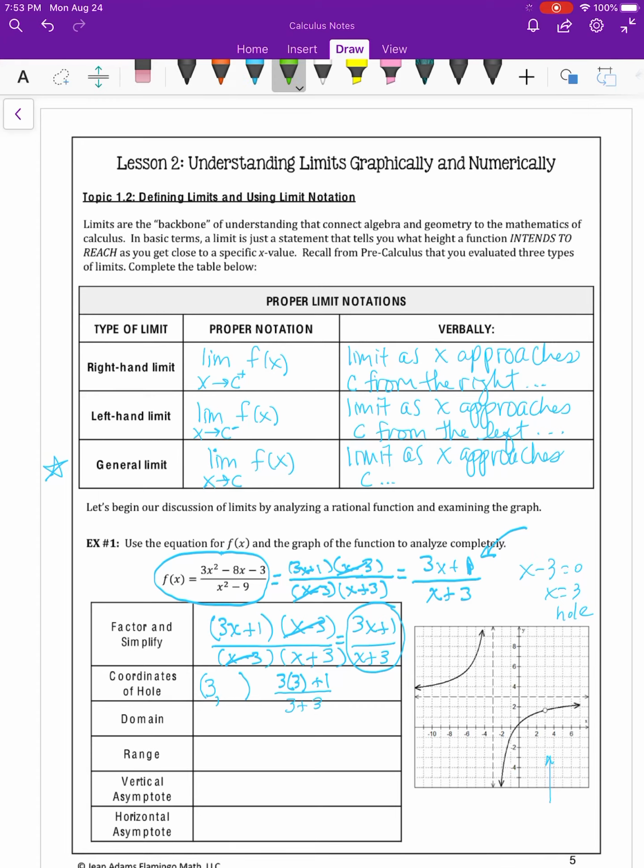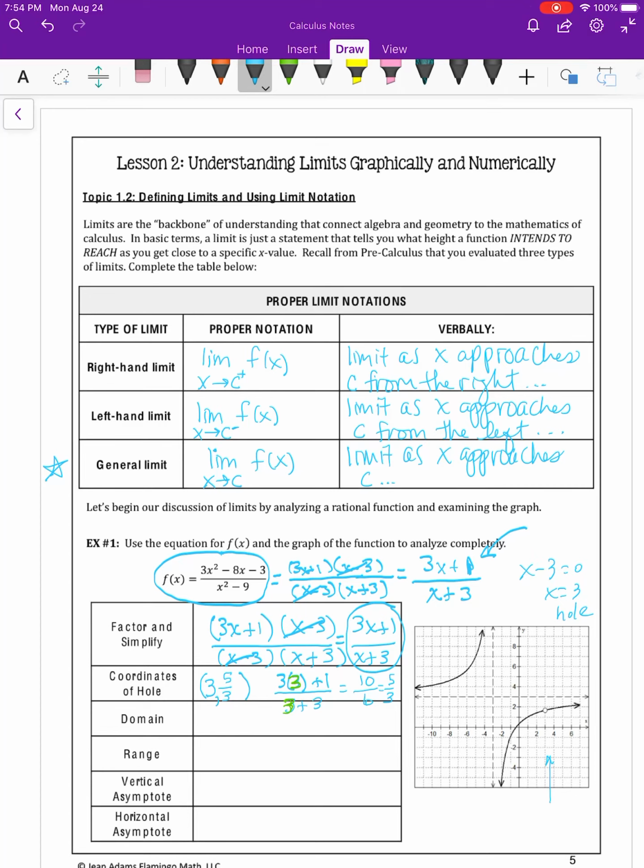So I'm putting that 3 in for the x here, and for the x here. 9 plus 1 is 10, and 3 plus 3 is 6, and we would reduce that to 5/3. So this is going to be the point 3 comma 5/3.